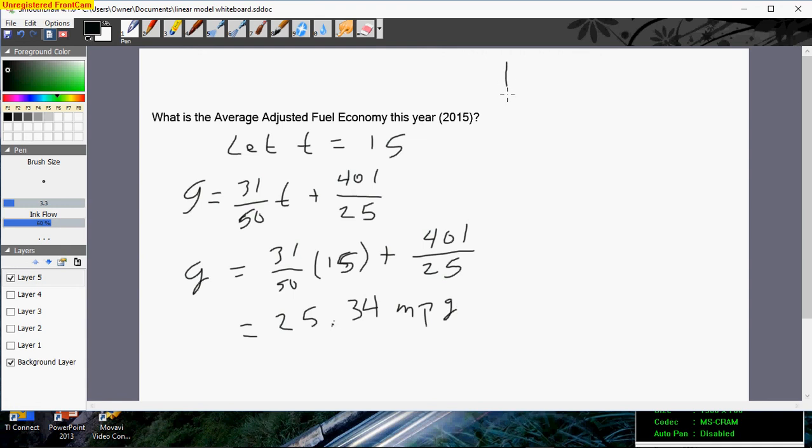So my assignment for y'all is to use what we've learned here and find out what the average adjusted fuel economy is going to be 10 years from now. What's it going to be? Question mark, question mark. So go ahead. With all the steps and tools that you've learned, you should be able to find this out.